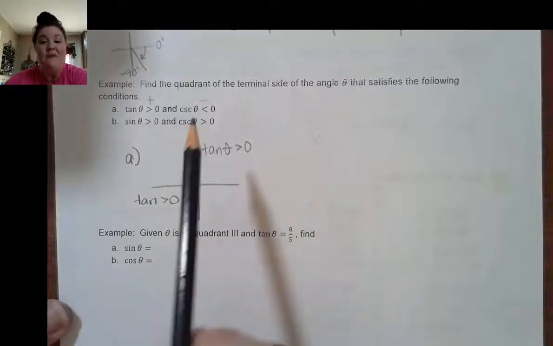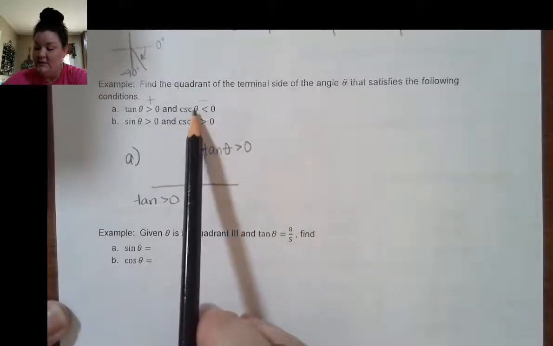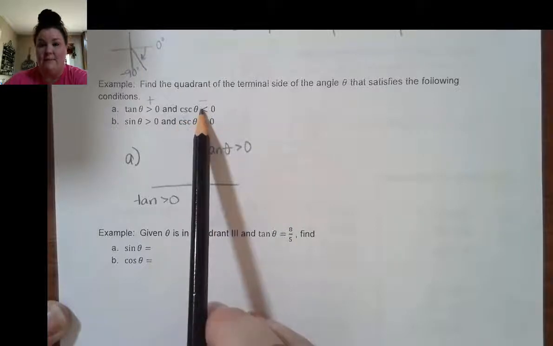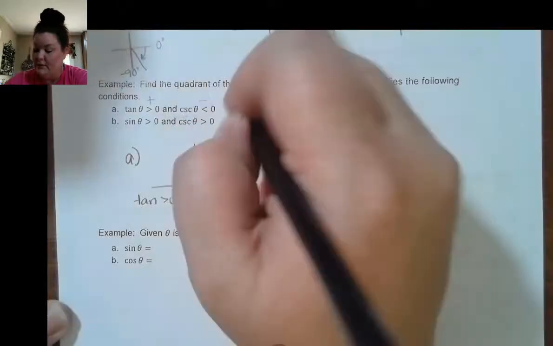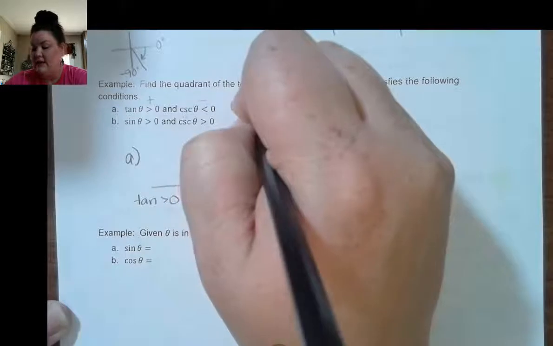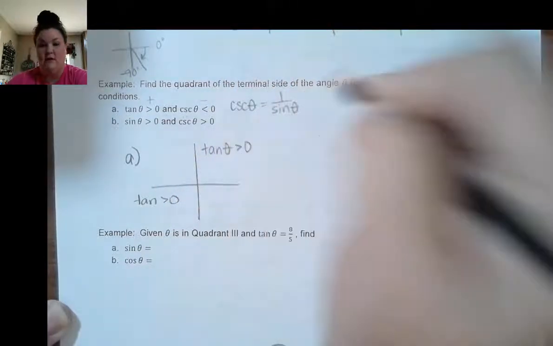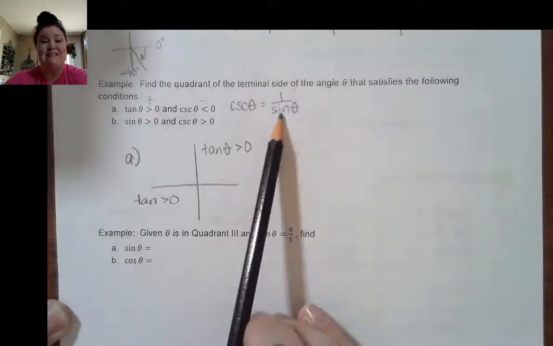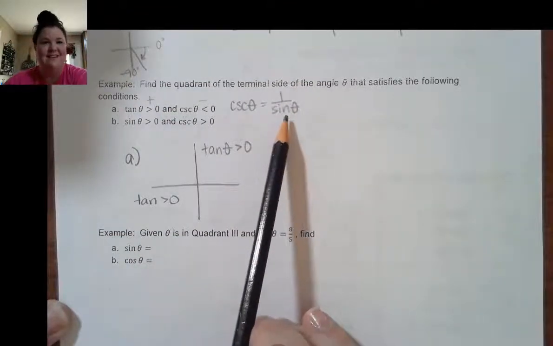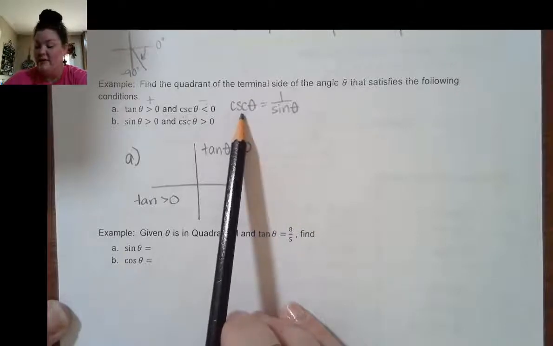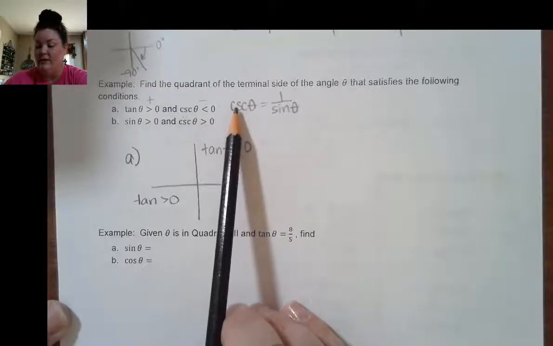All right, and then our second stipulation is that cosecant has to be negative, right? Now remember, cosecant theta is the reciprocal of sine theta. So whatever the sign of sine is, it's the same as the sign of cosecant. So instead of worrying about this being cosecant, I'm going to relate it to sine.